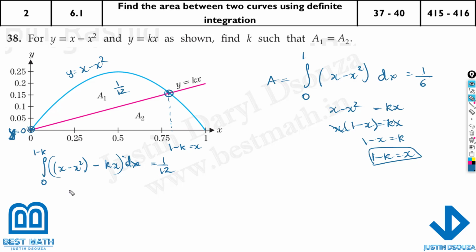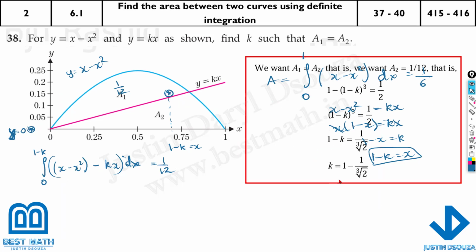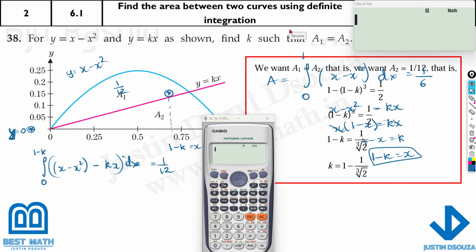Now I have everything, but I don't know the k value, but I know the answer that I must get. So look into the options. Let's go to the answer directly. See over here, this is the answer, right? Let's put it in the calculator and check. So here, integral, let's open the bracket, x minus x squared, close the bracket here, minus, I don't know the k value, but I need to look into all the 4 options and substitute them.